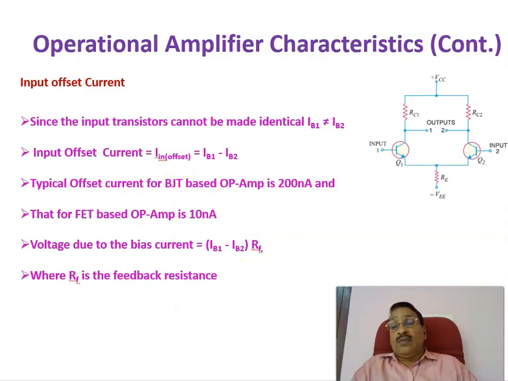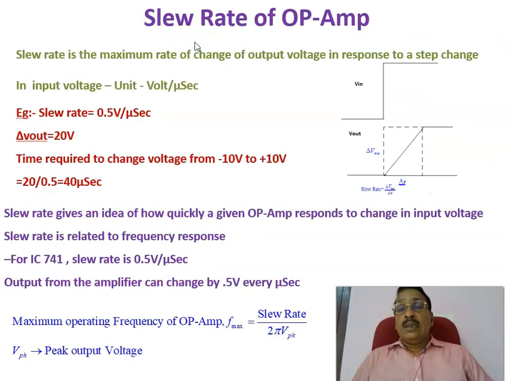Now the other characteristics of an operational amplifier. Another very important characteristic is an AC characteristic, which we call the slew rate of an op amp. This is very important. Slew rate is the maximum rate of change of the output voltage in response to a step change.